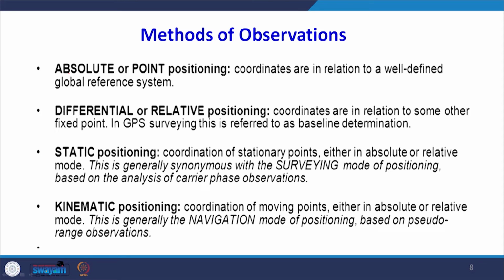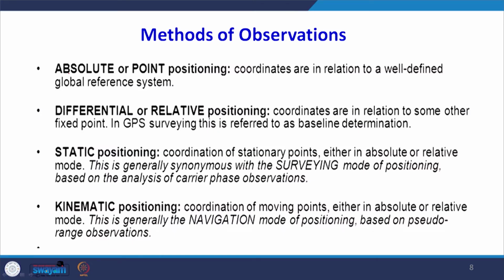For example, point positioning methods are used if we have to identify the coordinates of well defined points on the ground, while relative positioning methods are used to fix the point on the ground, and the survey is considered actually to determine the baseline, as we are doing in normal surveying.